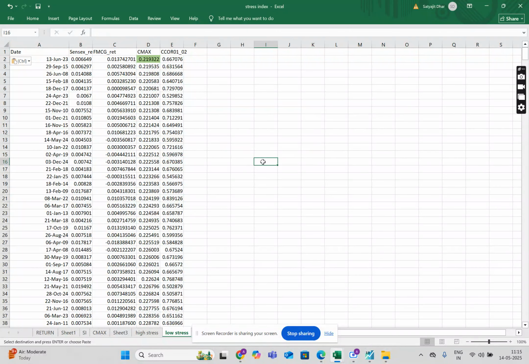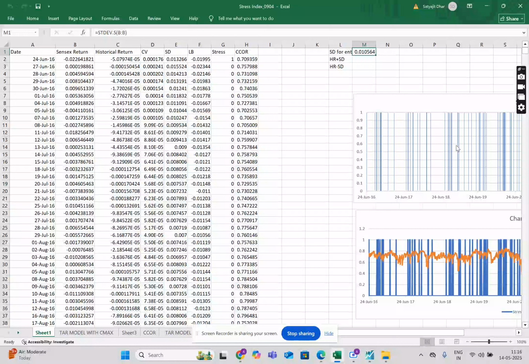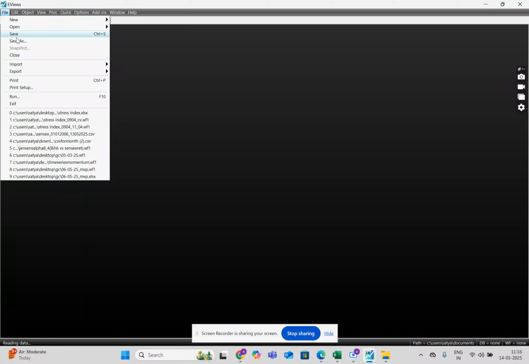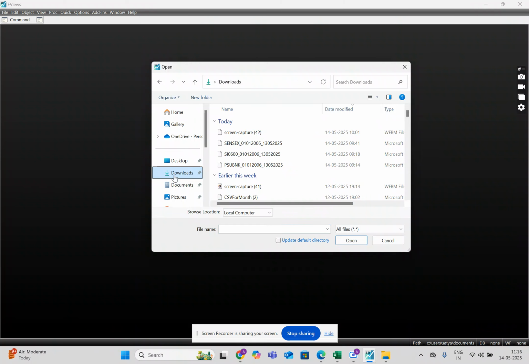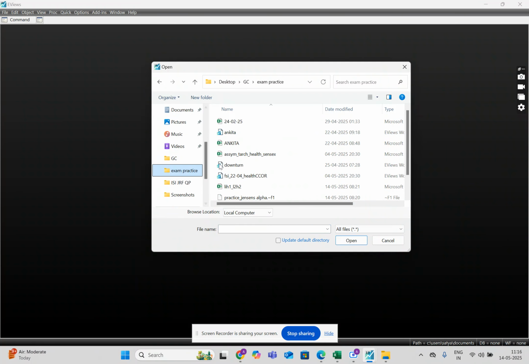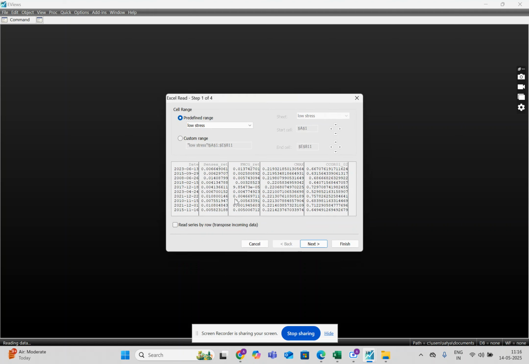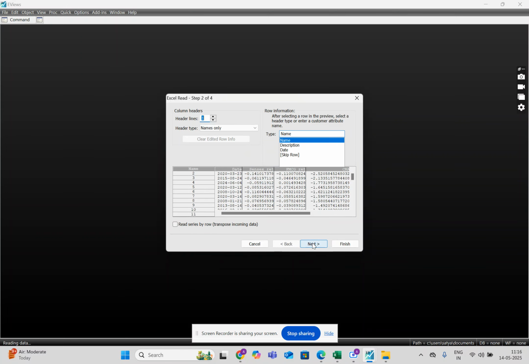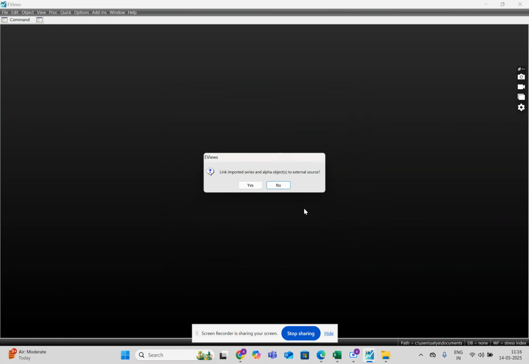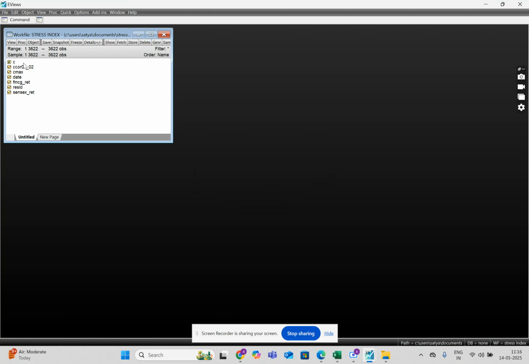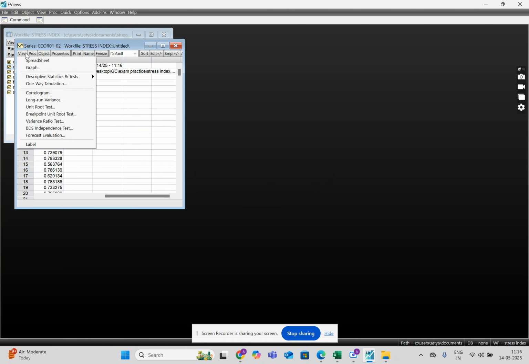Now we need to see the empirical survivor functions. First, let us see for the high stress market, negative Cmax. Let's open CCOR. Let's go to view.